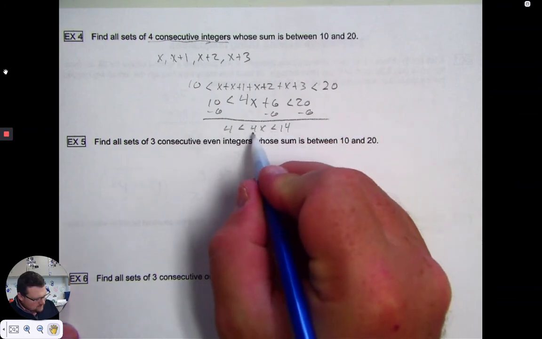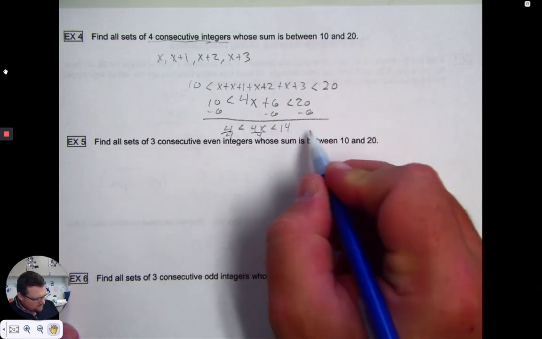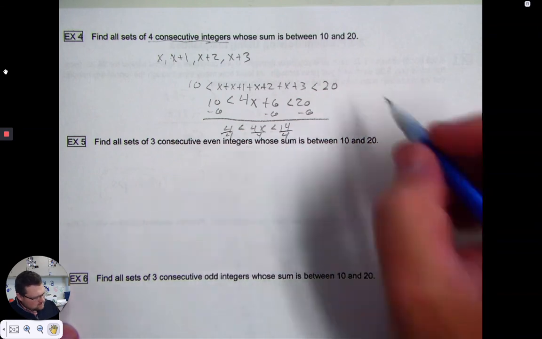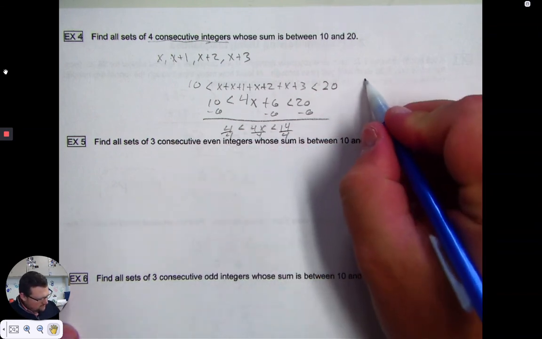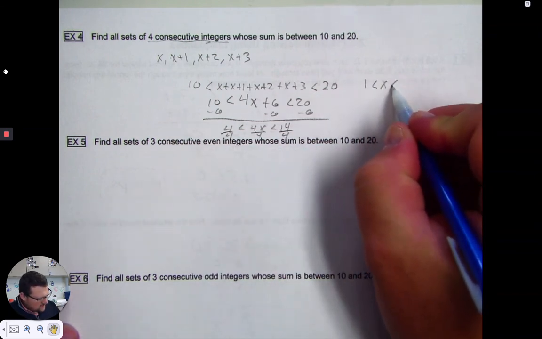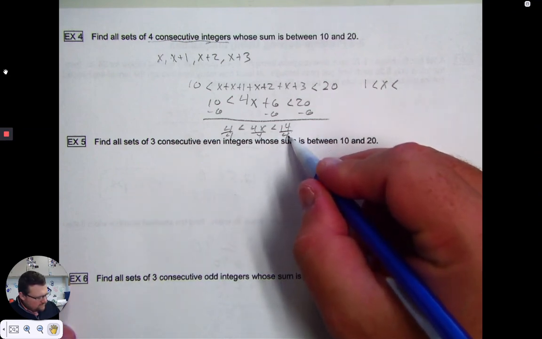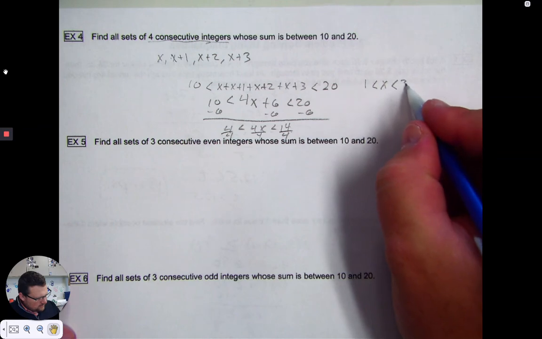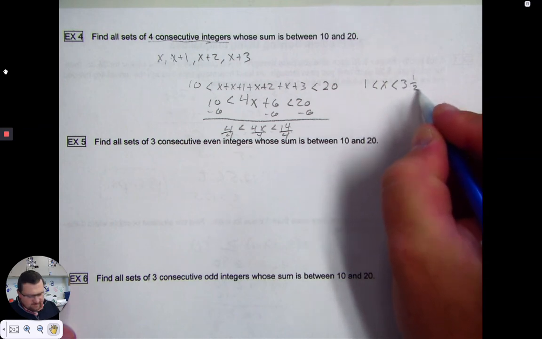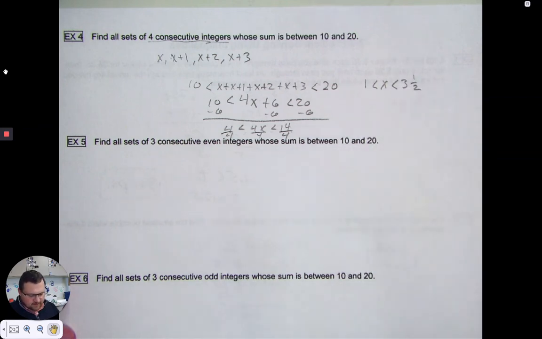Now to get x by itself, we divide by 4. So 4 divided by 4 is 1, is less than x, which is less than 14 divided by 4, which is 3 and 1/2.